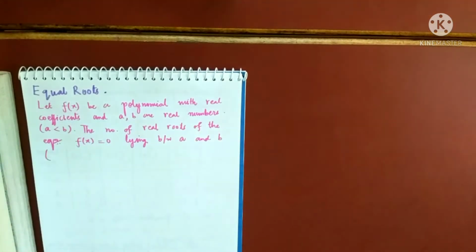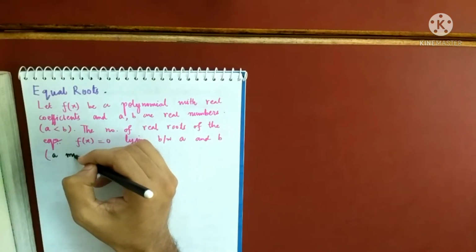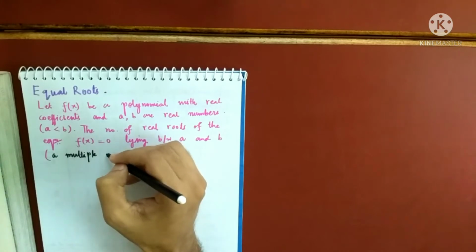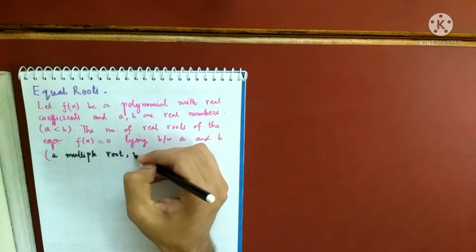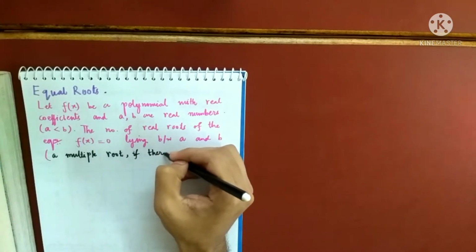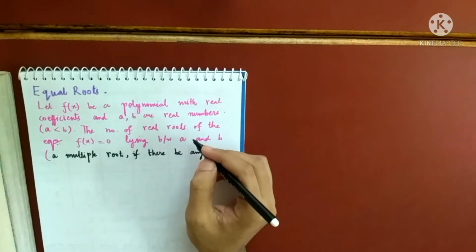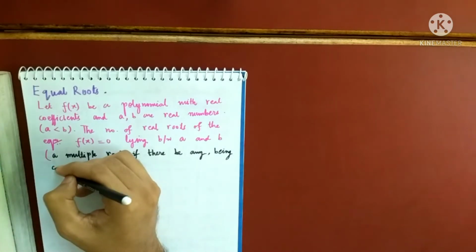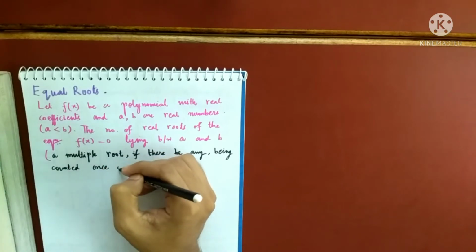Now they have written a very important point here. This you have to keep in mind. A multiple root, if there be any, being counted once only.